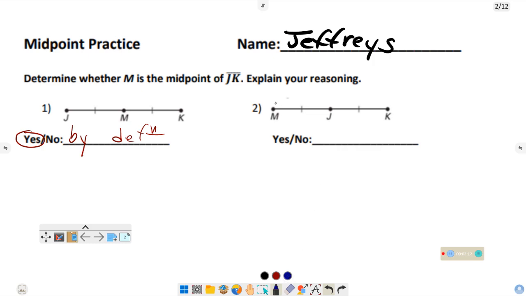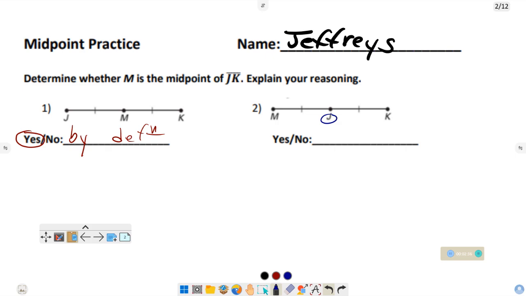Okay. So, now, these two things look congruent, correct? Yeah. All right. But what do we notice? What's in the middle? J. J's in the middle. Okay, midpoint, the word by itself should be obvious. The middle point.